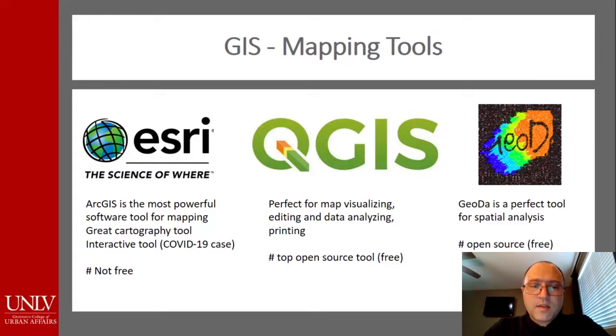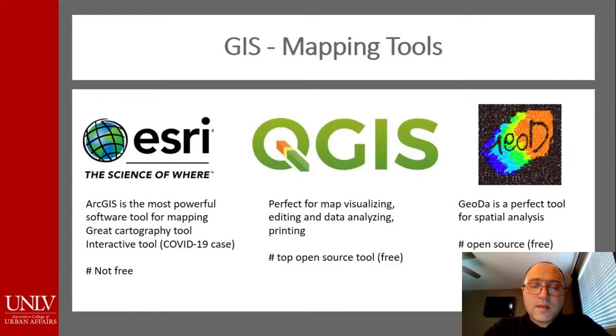It has a great cartography tool, and it also provides an interactive map. Particularly in the COVID-19 cases, ArcGIS produced interactive mapping, but it's not free. You need to buy a license.